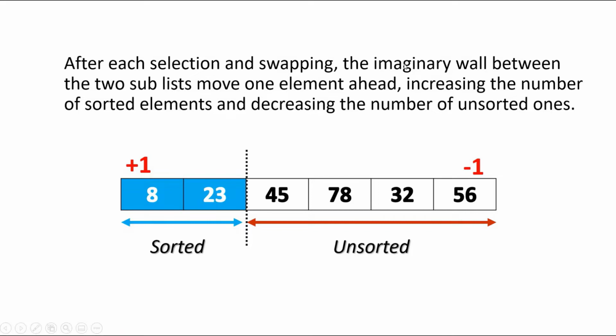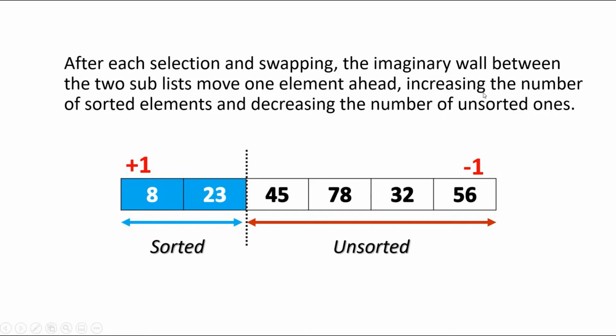Now the imaginary wall moved one element ahead, which increased the sorted sublist by one. Now the sorted sublist has two elements, 8 and 23. These two elements are in sorted form. That means 8 is less than 23, right? So it is in ascending order.